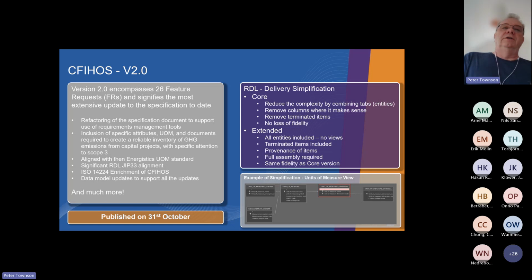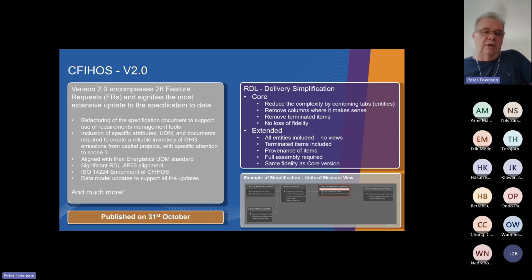There's significant RDL updates to support JIP33, and we've also enriched CFIHOS to support ISO 14224, which is around reliability and maintenance of equipment.